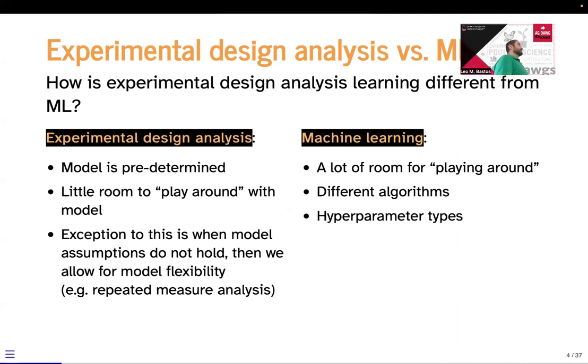A random forest model has hyperparameters that are different from perhaps an elastic net regression model. So different models have different hyperparameter types, and then we can test different hyperparameter values within those types.